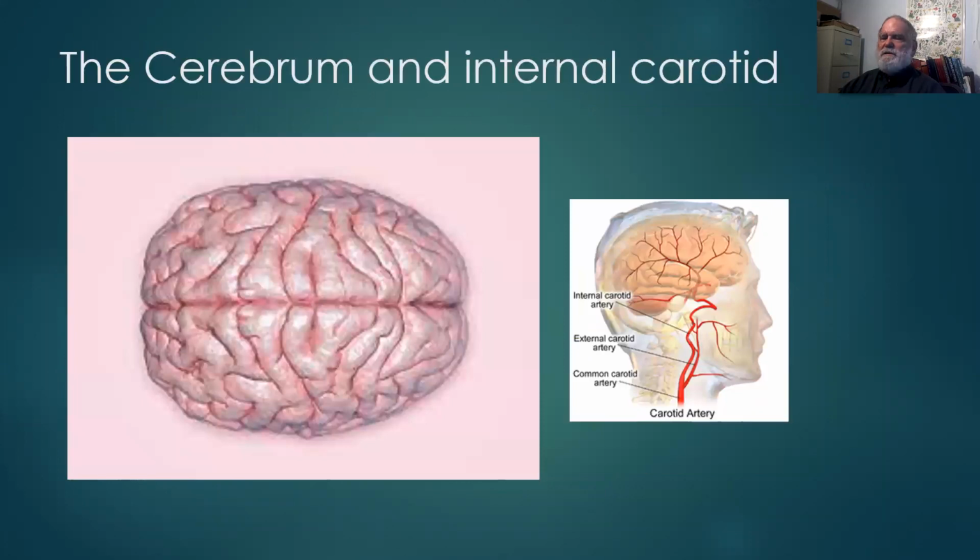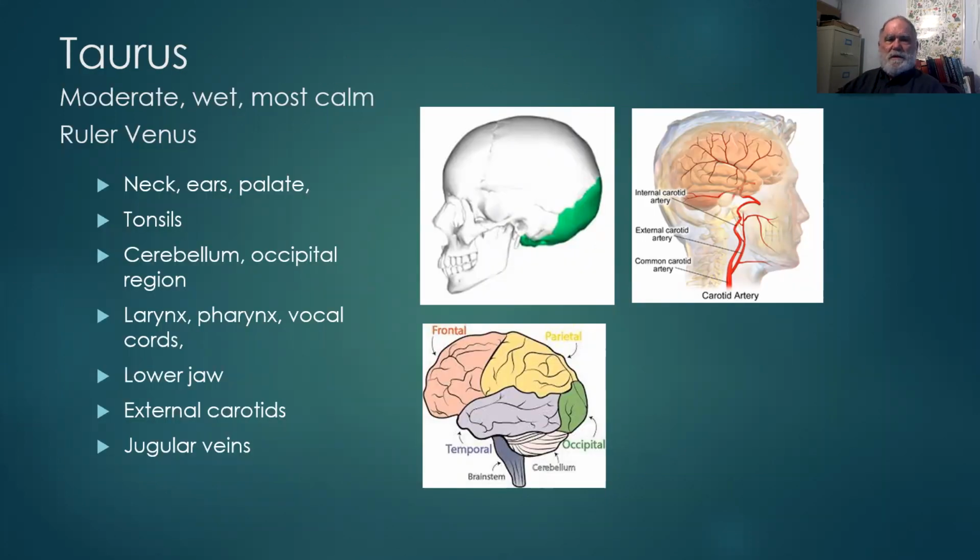By location, anatomically, it's very separate from the brain, as Taurus is separate from Aries also. And then it's the larynx and the pharynx. This is the vocal cords and the voice. If somebody has lost their voice, you might be looking in Taurus or Venus for that.